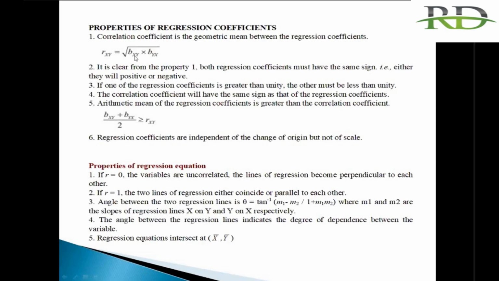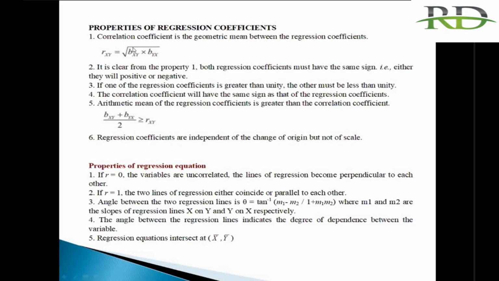It means x is dependent here and y is independent. And b_yx, y on x, means y is dependent and x is independent. So the correlation coefficient is the geometric mean of the regression coefficients. And see, one regression coefficient's limit is from minus infinity to infinity.